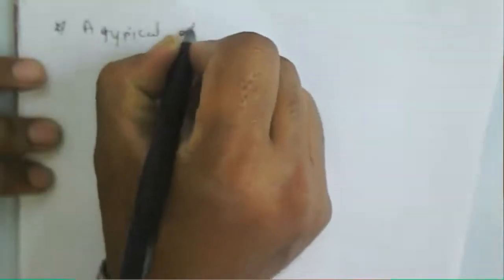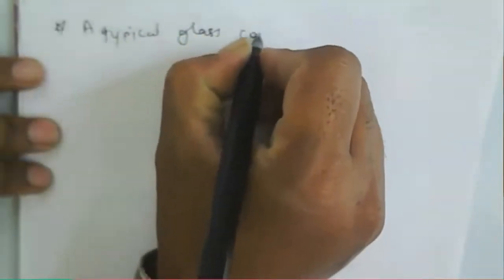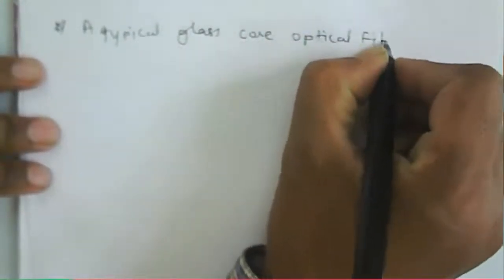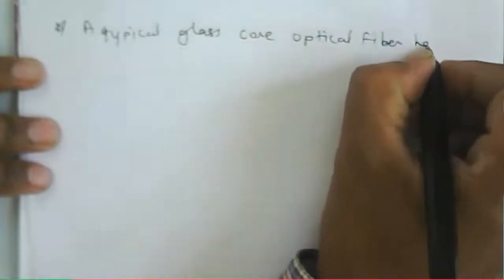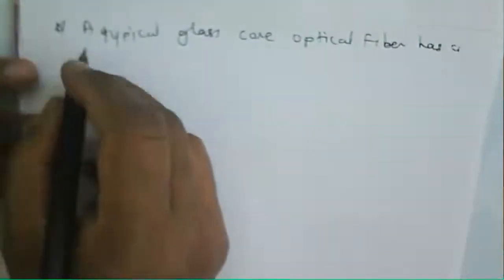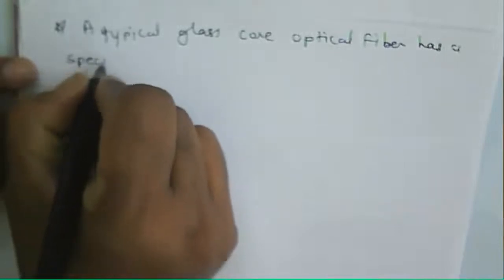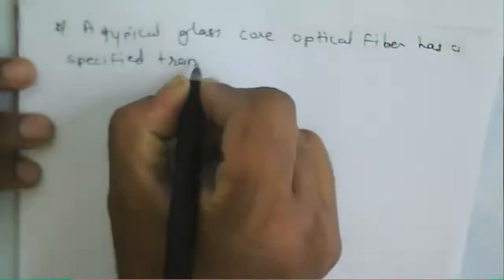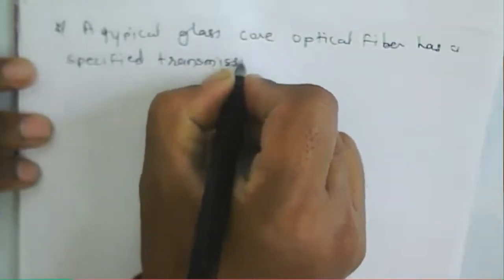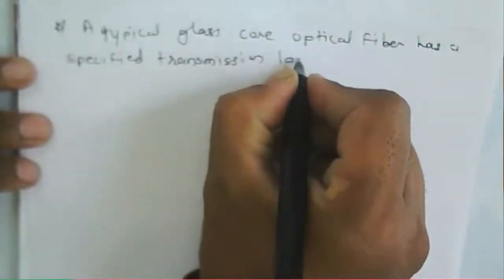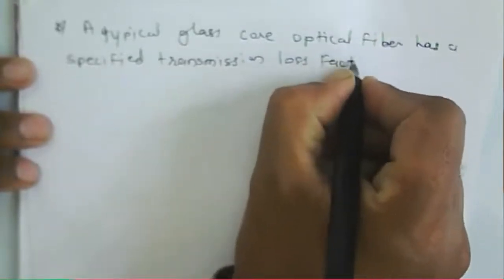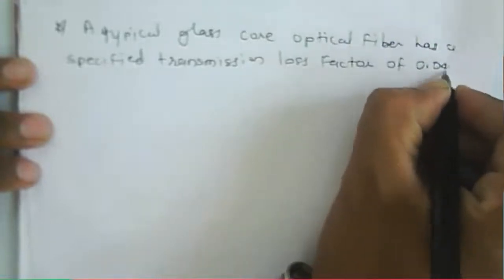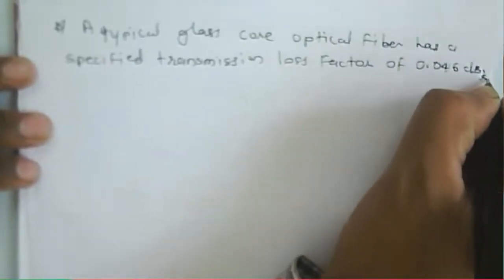A typical glass core optical fiber has a specified transmission loss factor of 0.046 dB per kilometer.